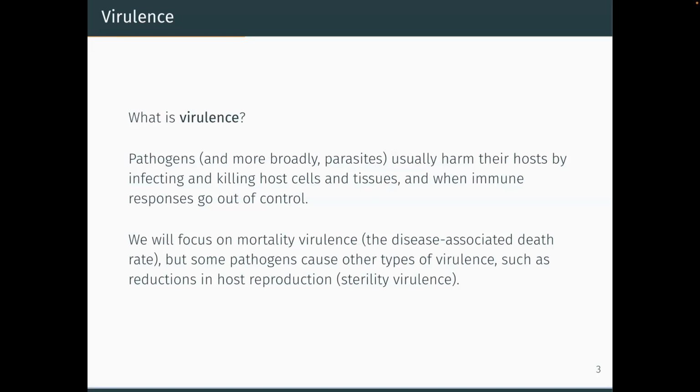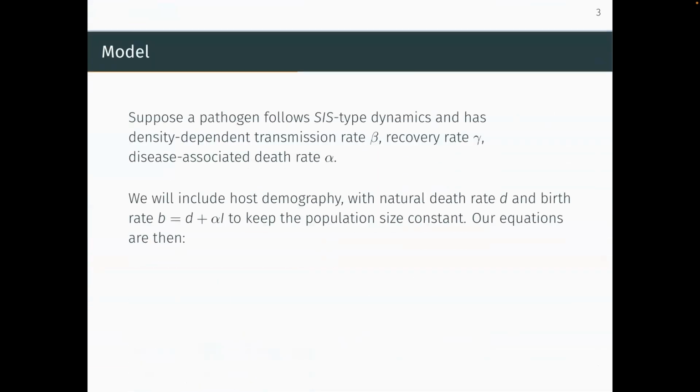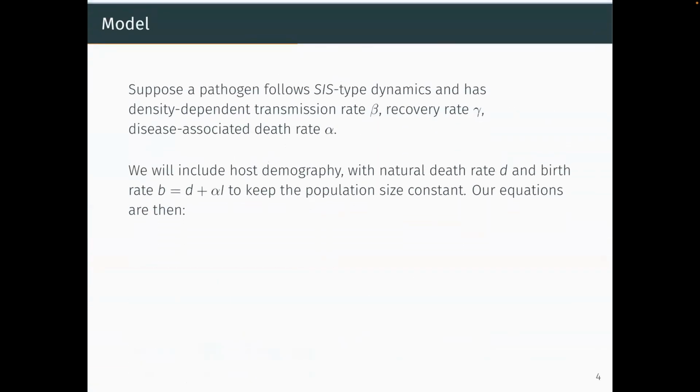And pathogens, we tend to think of microbes like bacteria and viruses. But a lot of what we say about those pathogens also applies very broadly to parasites, so things like ticks and helminths that you wouldn't think of as being in this pathogen category. So we're going to be thinking about how the damage done to the host evolves.